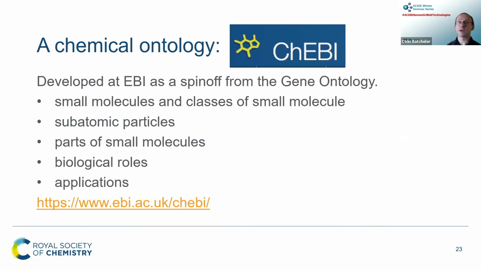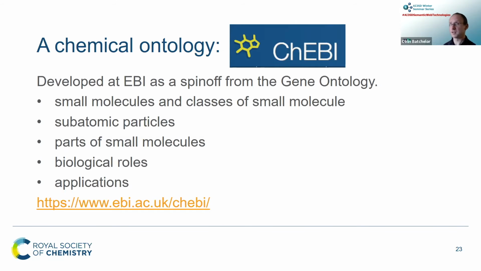There's also a pre-existing chemical ontology developed by our close neighbours at the EBI as a spin-off from the gene ontology, because the gene ontology needed to talk about small molecules. They're an important part of biology, and how enzymes interact with them and what they do inside biology. So this contains small molecules.